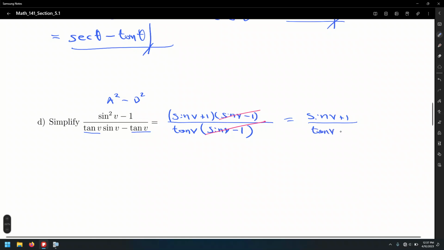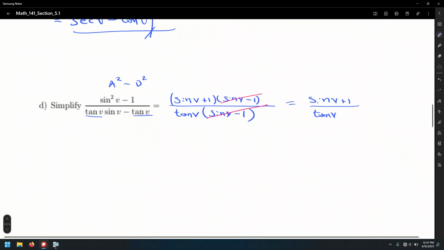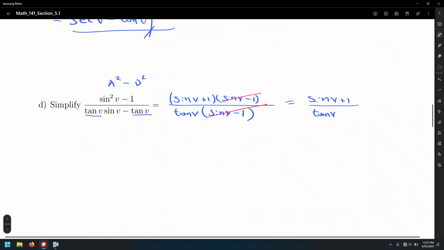All right. We are essentially done, but in this case, number one, we don't have everything in terms of only sines and cosines, and also we have fractions together. So we're going to split the fraction, that is sine v over tangent v plus 1 over tangent v.